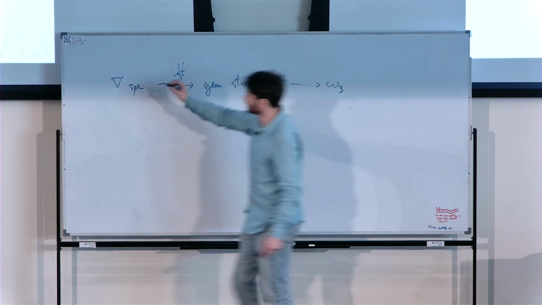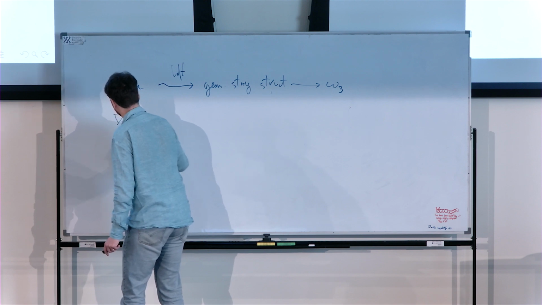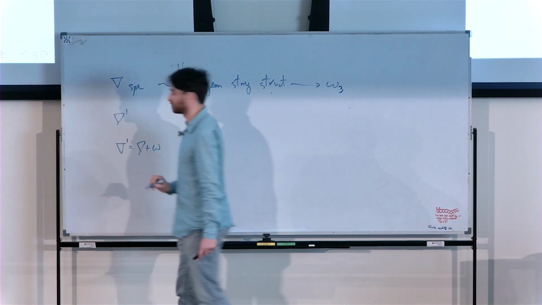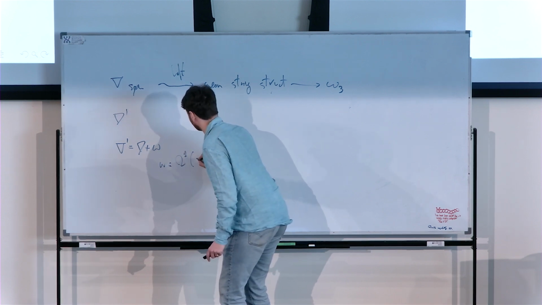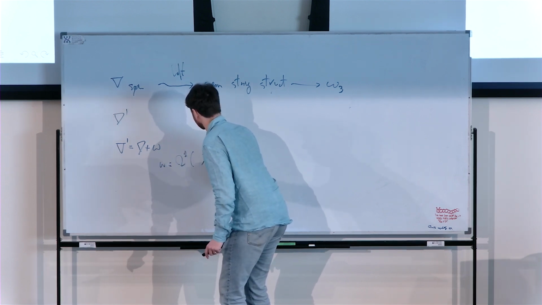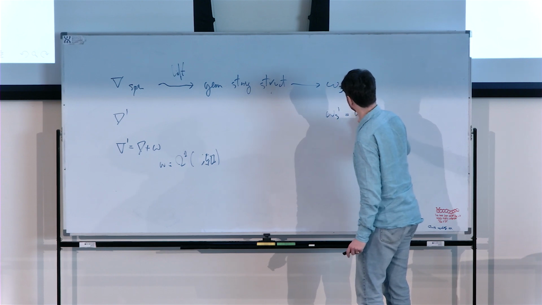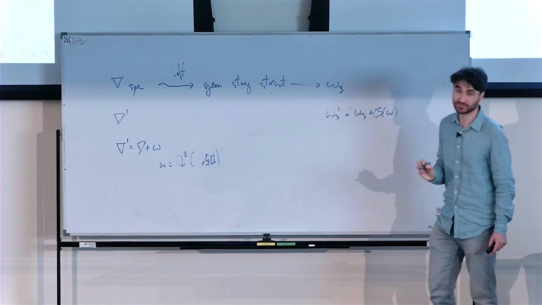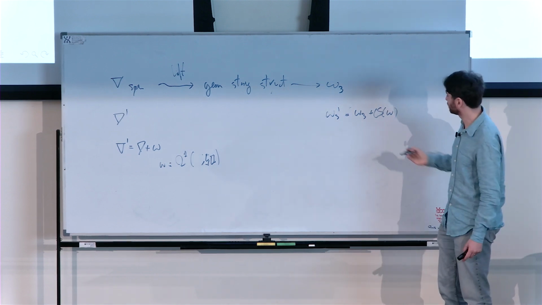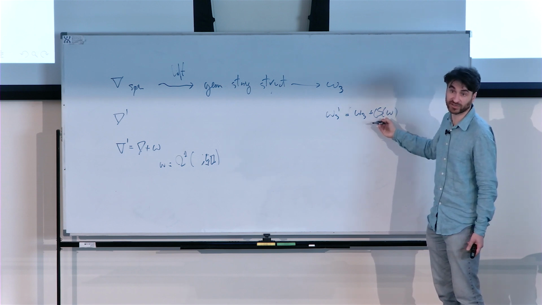But if I change this with nabla prime, well, then nabla prime is nabla plus omega, with omega a one-form with values in so. And the difference here, omega 3 prime, will just be omega 3 plus Chern-Simons of omega. So the question is, can I change by a Chern-Simons term in order to get 0?